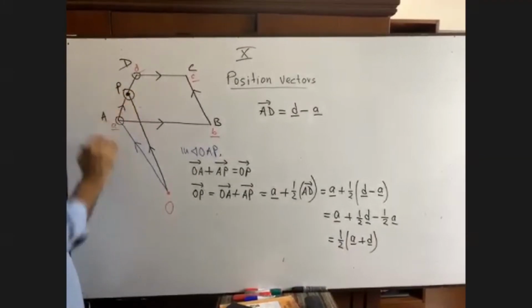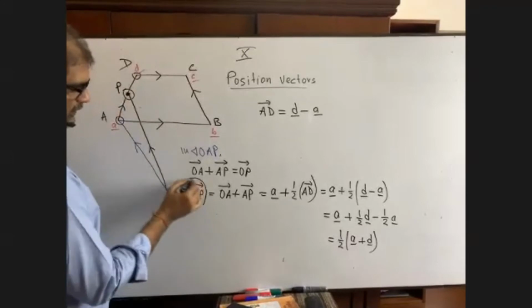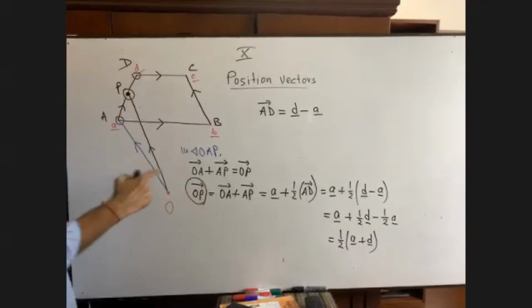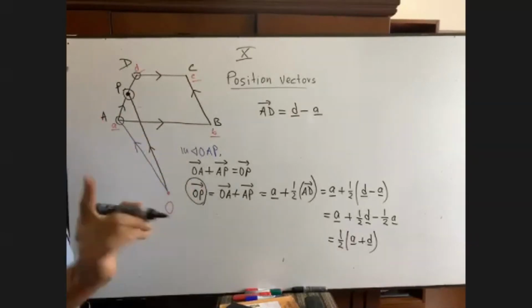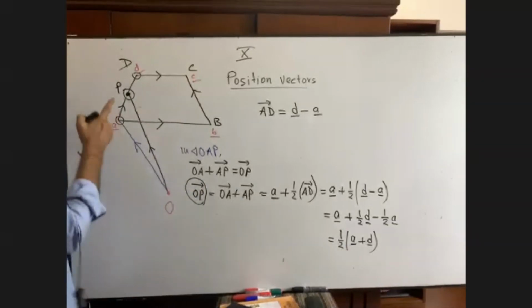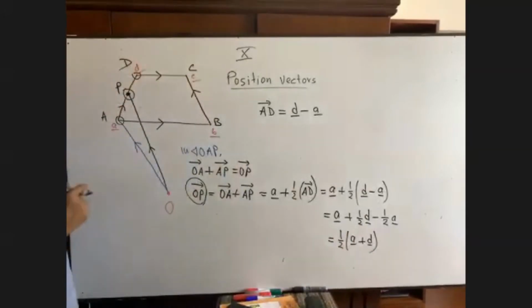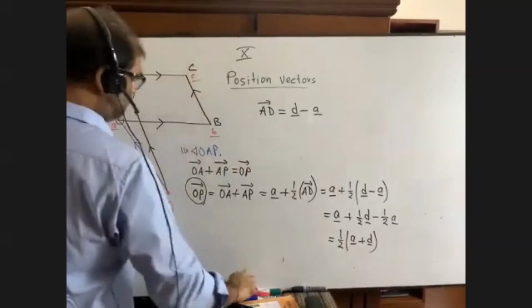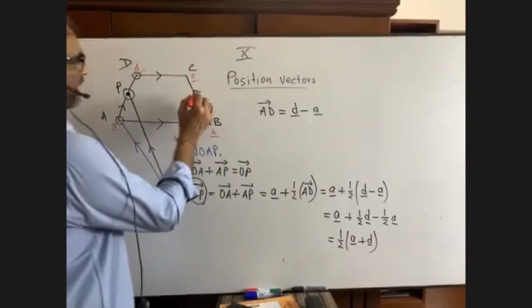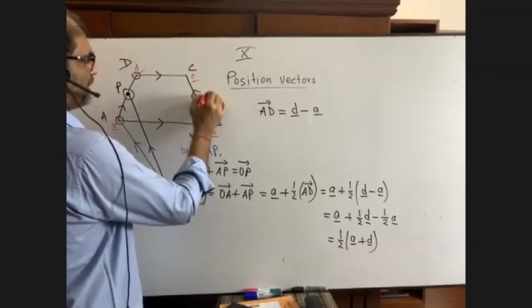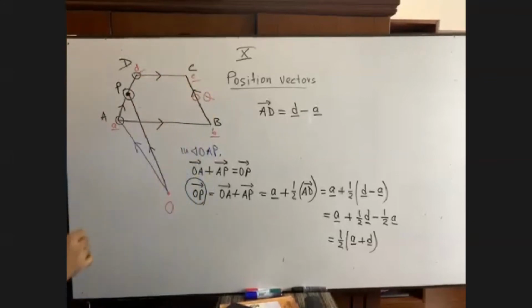So by the way, OP means what? OP means the position vector of P. Please try to understand. OP means the position vector of P. The position vector of P is half of A plus D. Have you got me? Suppose you are told now to determine the position vector of Q, where Q is the midpoint of BC.